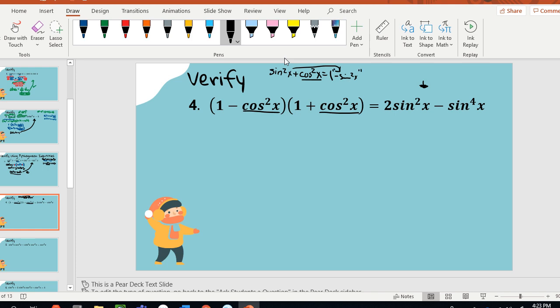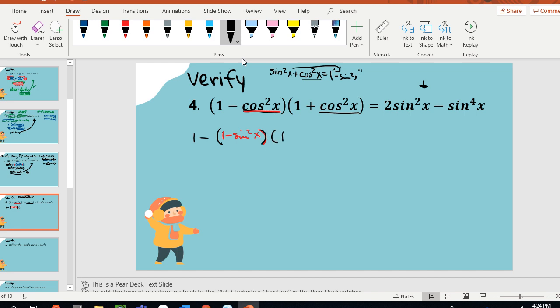All right. So that means I have 1 minus, changing out cosine. I'm going to color code this so you can see it. So I'm going to underline this in red. What's cosine squared is going to be 1 minus sine squared x. And then back to the black again.